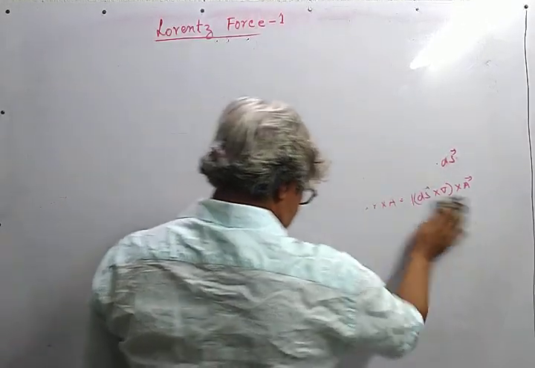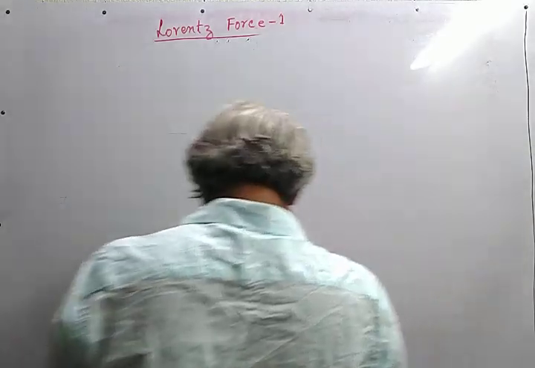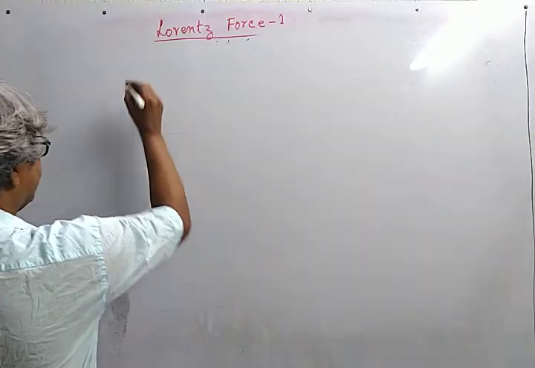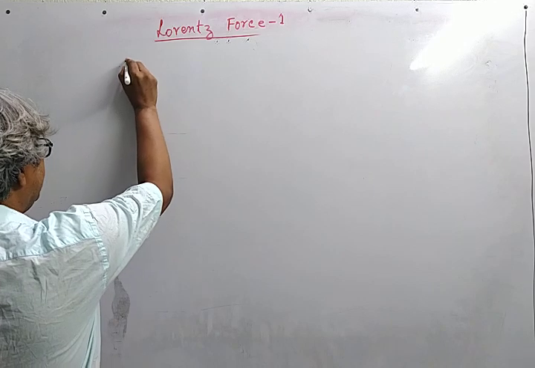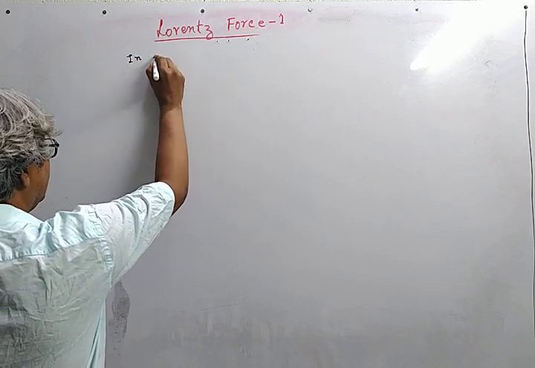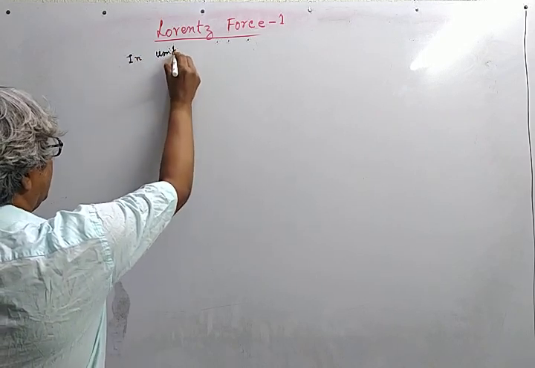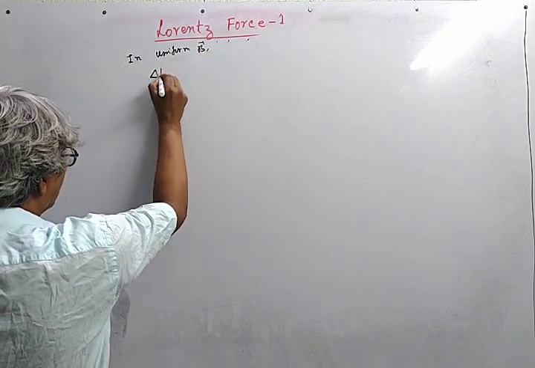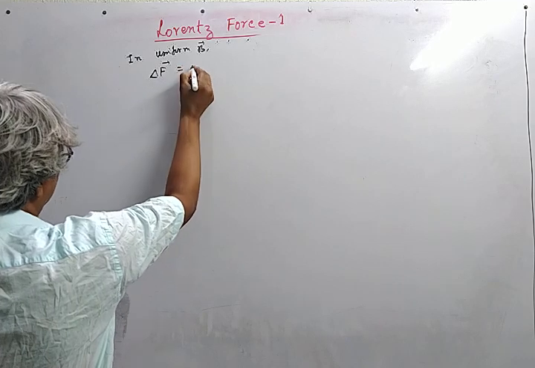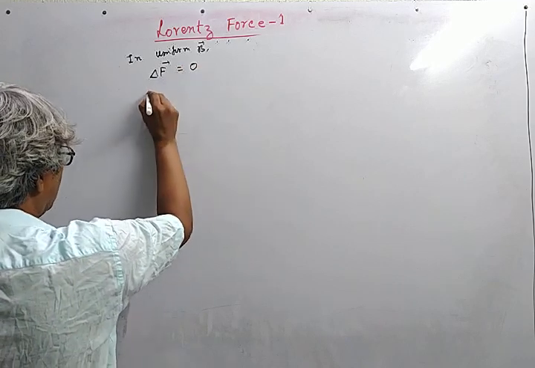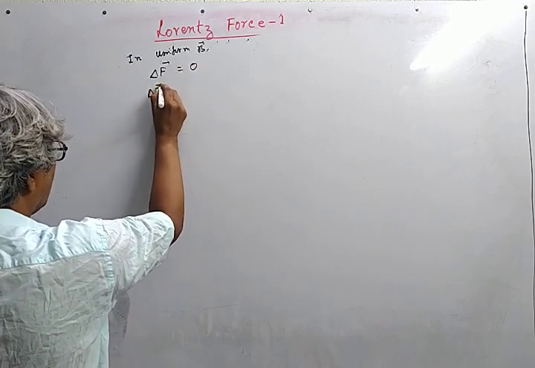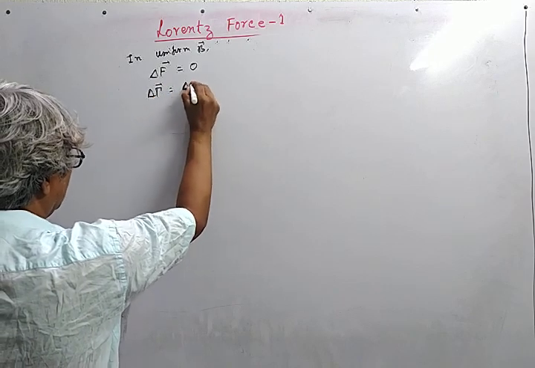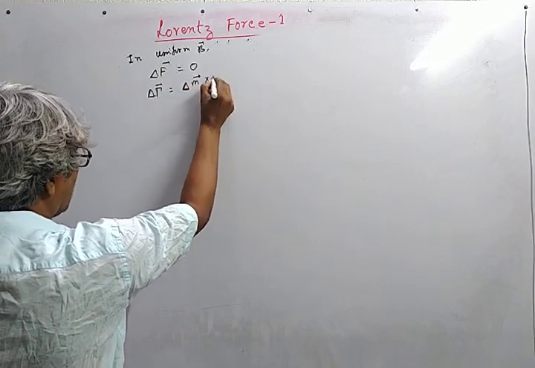So if we consider an elementary loop in a uniform magnetic field B, the force delta F acting on a closed loop is 0 and delta tau is equal to delta M cross B.